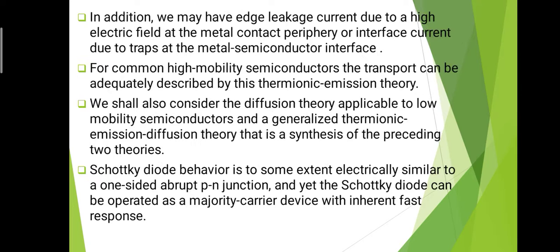So all these are the 5 different current transport phenomena which occur in the metal semiconductor contact. Now in addition we may have edge leakage current due to high electric field at the metal contact periphery, or interface current due to traps at the metal semiconductor interface.